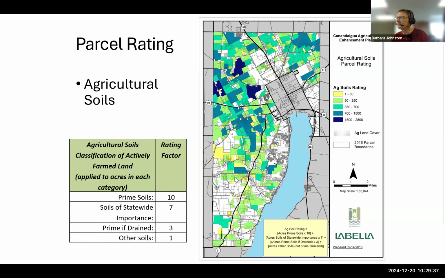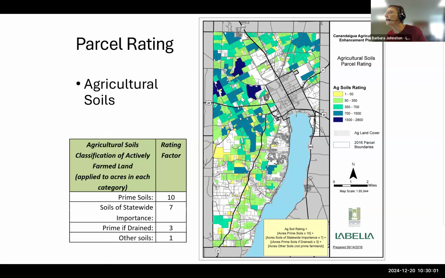We created a series of parcel rating maps using a universe of parcels that were agricultural, and we based that on the aerial photos. They looked like they had farms on them and active farmland. The active farmland means land cover, like fields and pasture, and that's what the dotted lines show.